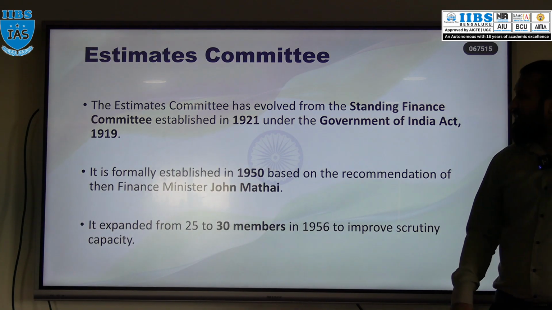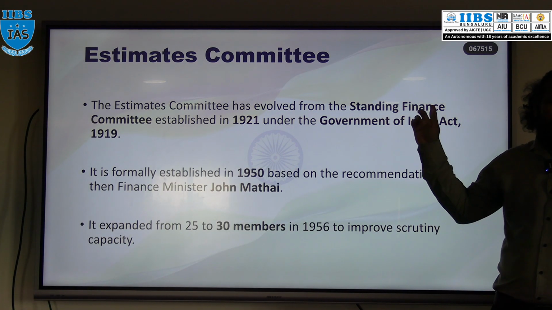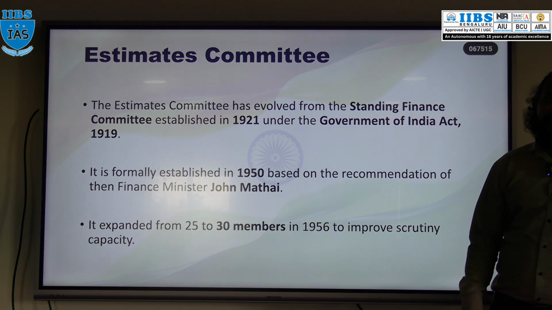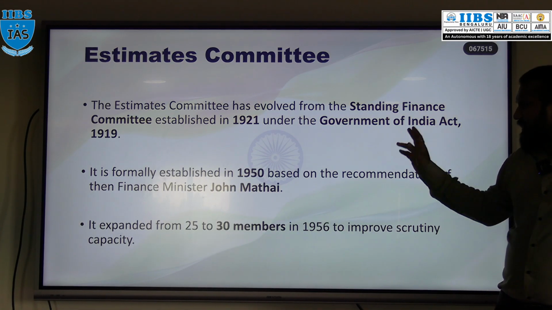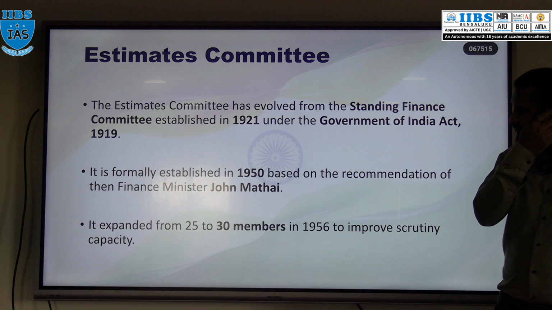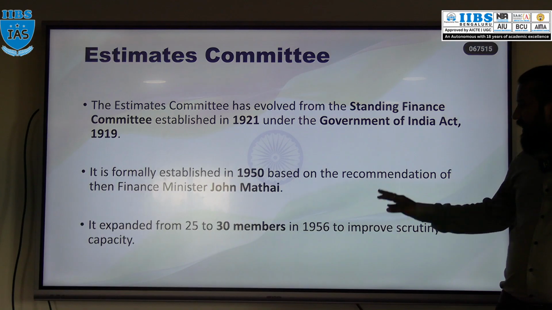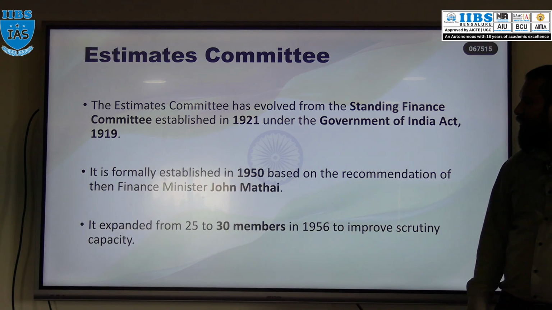Now what is the Estimates Committee? Same as the Public Accounts Committee, the Estimates Committee is also mentioned in the Government of India Act 1919. Under that it is mentioned, so that committee was established in the year 1921, and after independence it was established in 1950 based upon the recommendation of Finance Minister John Mathai.